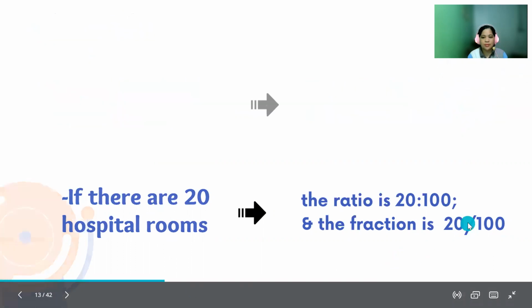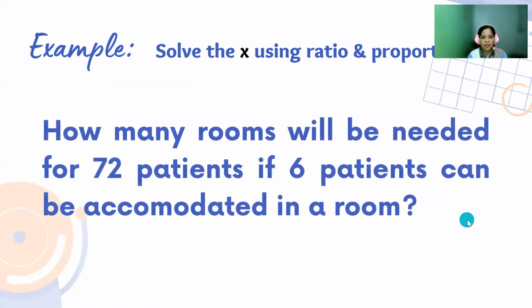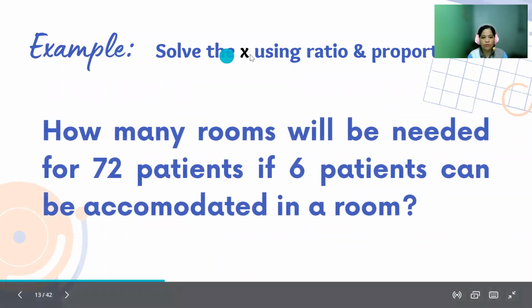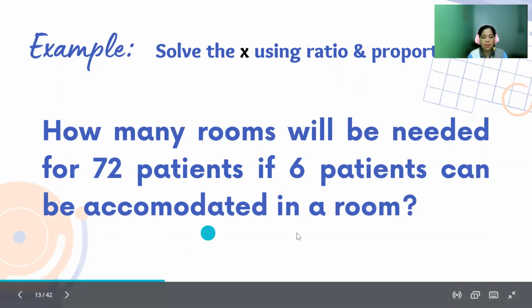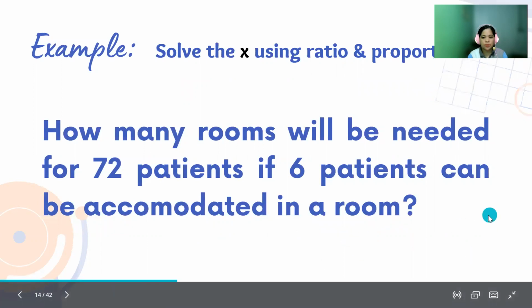So next, another example is solve for x using ratio and proportion. How many rooms will be needed for 72 patients if 6 patients can be accommodated in a room? So let's take a look.